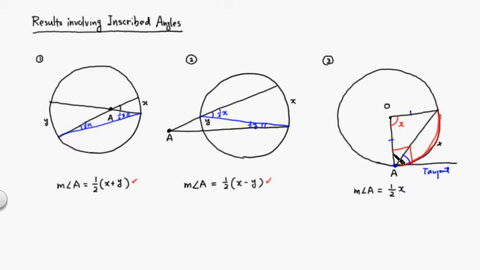So this guy has the measure 180 minus x divided by 2, which is 90 minus 1/2 x. But this is 90 degrees. So if you subtract 90 minus 1/2 x from 90, what's left here is just 1/2 x, which is what we're looking for.